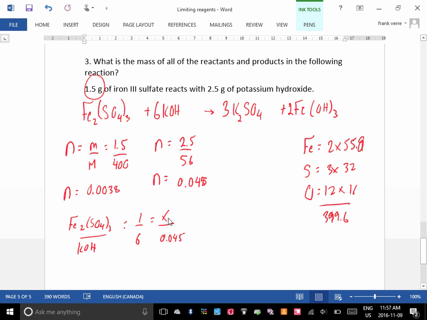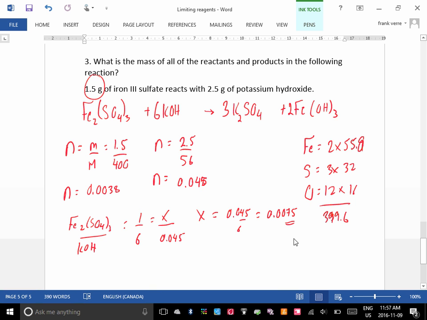So we solve for X. X would be 0.045 over 6, which equals 0.0075.